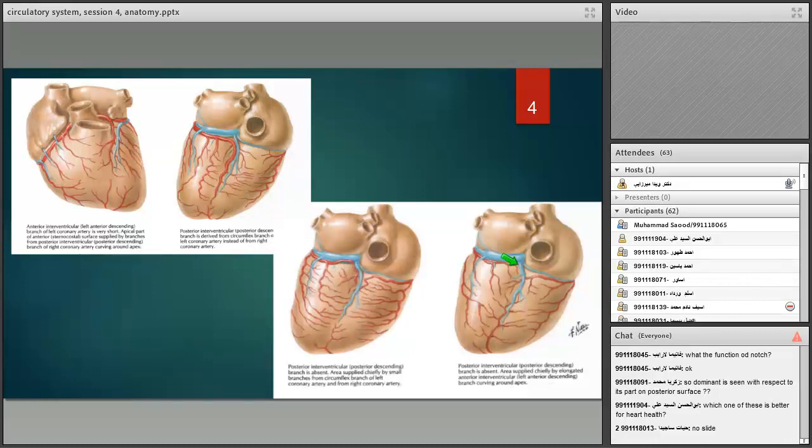And the other form, look at here, the posterior interventricular or posterior descending branch is absent and the area is chiefly supplied by the anterior interventricular branch. It is elongated and curving around the apical notch and supplying the blood for this part.